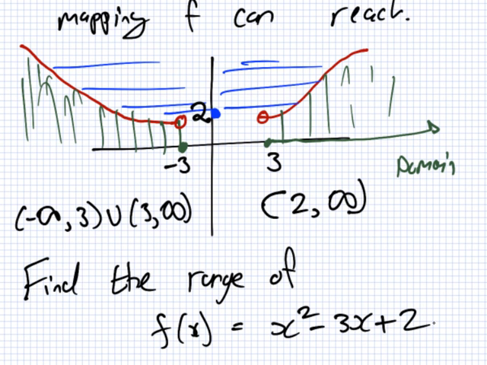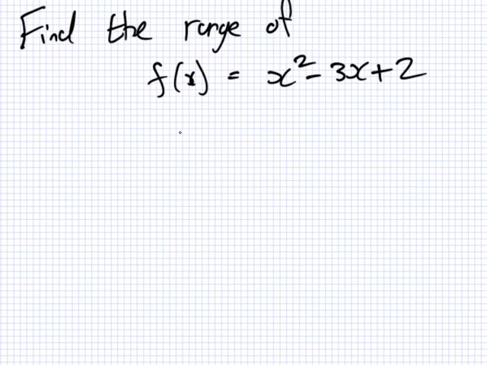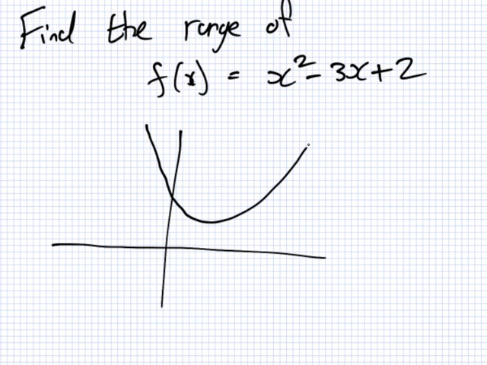Know what to do? Yes, but I think of the long way. So what would you do firstly? Find the domain. What I would do is find just the minimum point. So let me see: 2x minus 3 equals 0, so x equals 3 over 2.